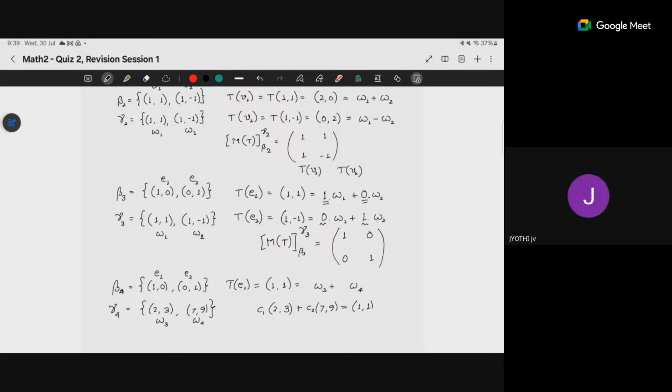What is this? This is a system of linear equations. You will have something like the matrix (2, 3, 7, 9) times (C1, C2) is equal to (1, 1).